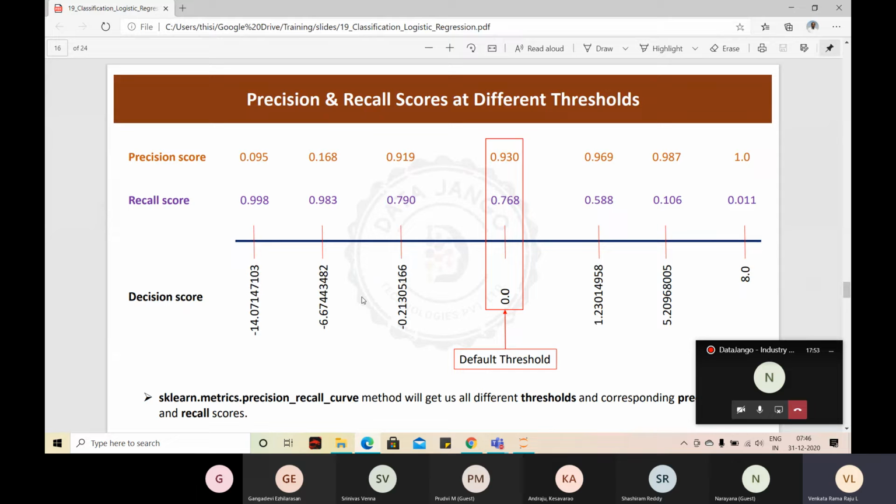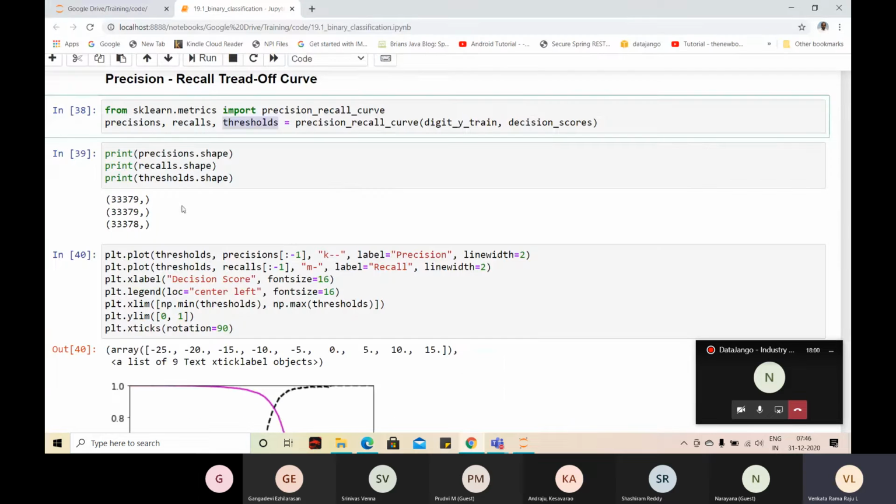You can take n different thresholds. If you have 33,700 records, you can take 33,700 different thresholds.